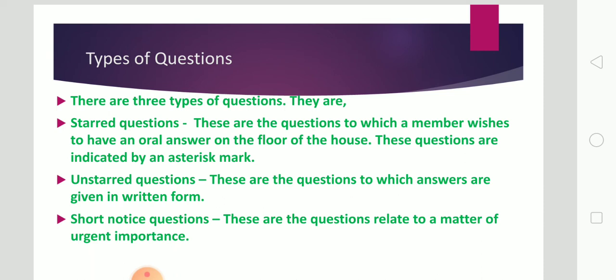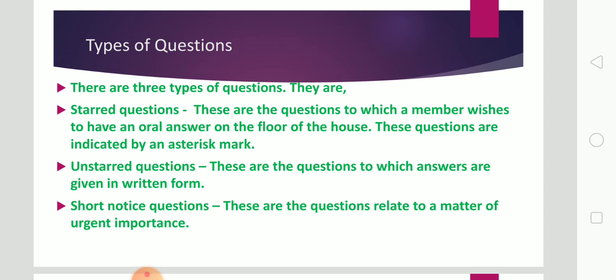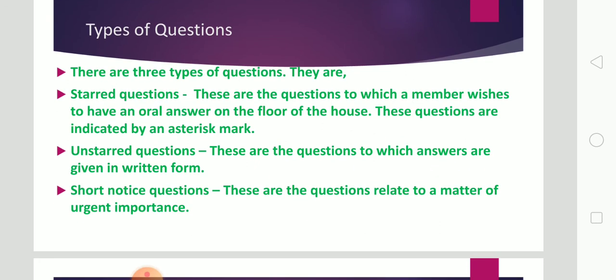These questions are indicated by an asterisk mark. Once the questions are submitted to the Speaker, these questions will be marked with an asterisk mark. If a question is marked with an asterisk mark, it means that its answer should be given orally.